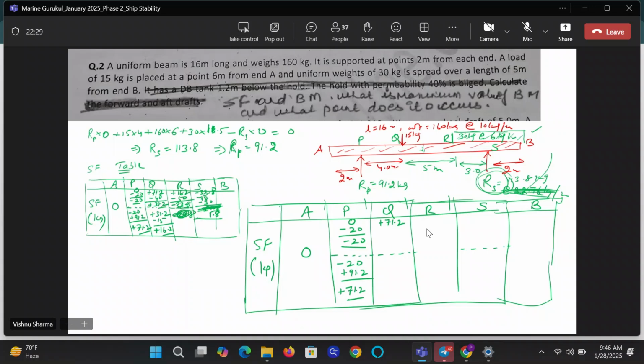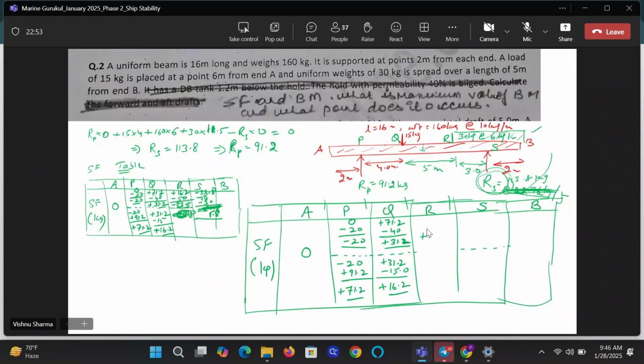From right of P to left of Q, you have 4 meters of weight of the beam, minus 40, making it 31.2. I carry forward plus 31.2, and then minus 15 comes into the picture, and that makes it plus 16.2.